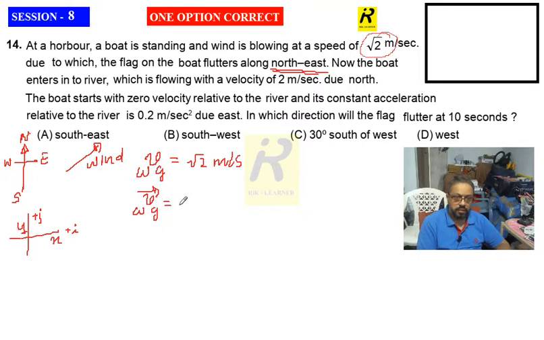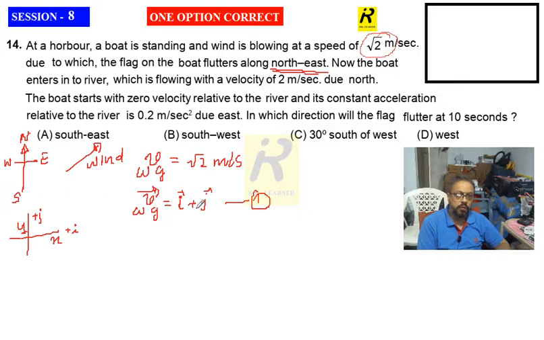This root 2 can be split into 1i plus 1j, otherwise I can write it as i plus j. So this is how I can write the velocity of the wind in the given coordinate system, and I am calling this equation 1: i plus j is the relative velocity of wind with respect to ground.